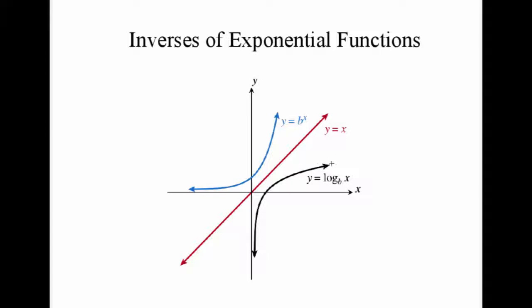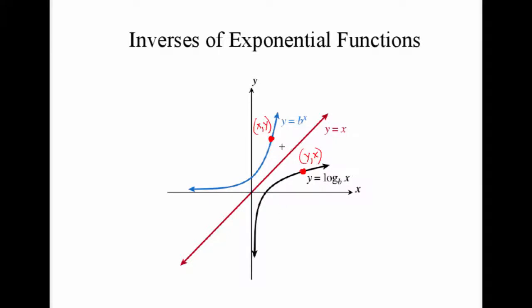We have our black curve, which is the graph of y equals log base b of x. So if I take a random point on the exponential function b to the x, and it has general coordinates x, y, then over here the inverse of that function and the inverse of that point, the coordinates will be y, x.